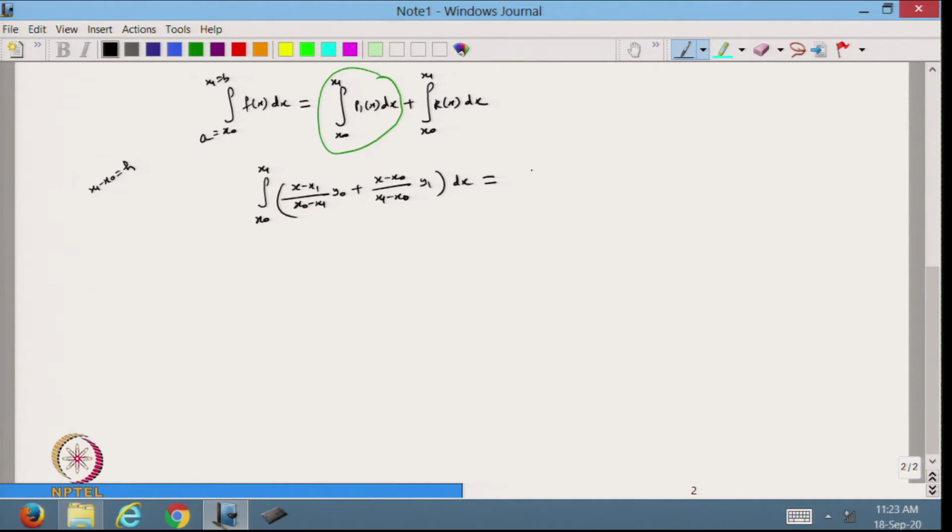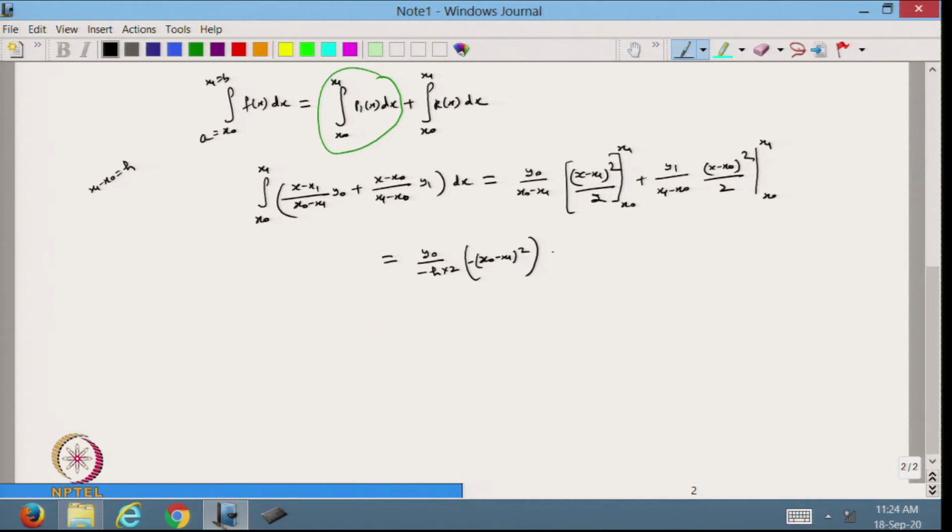When I do this integration, I will get y0 over (x0 minus x1), and integrating gives (x minus x1) whole square by 2, substituting the limits, plus y1 over (x1 minus x0) times (x minus x0) whole square by 2, substituting x0 and x1. Since x0 minus x1 is minus h, I can write y0 over minus h times 2, and substituting the limits I get minus (x0 minus x1) square.